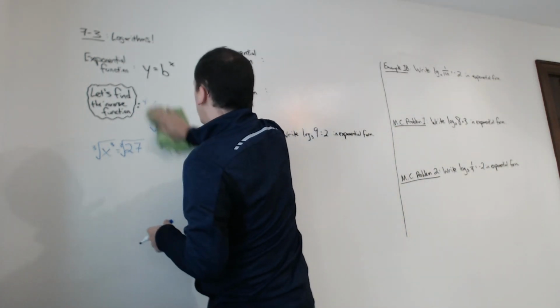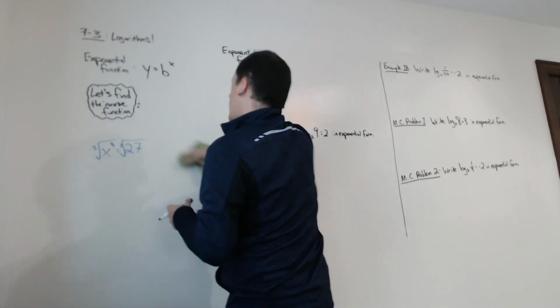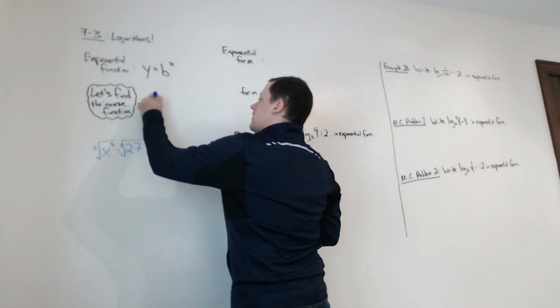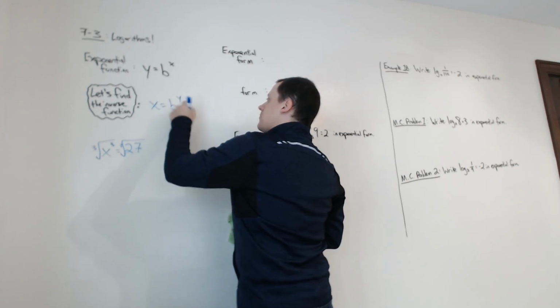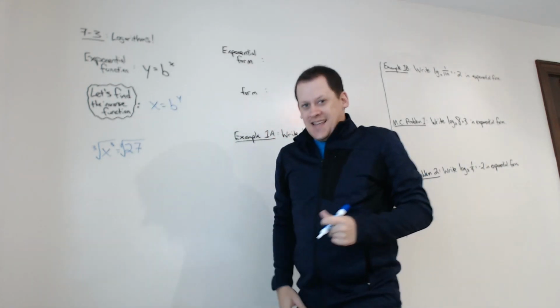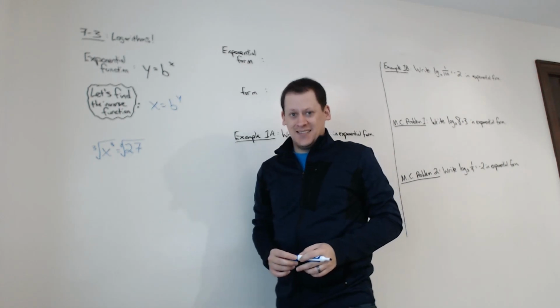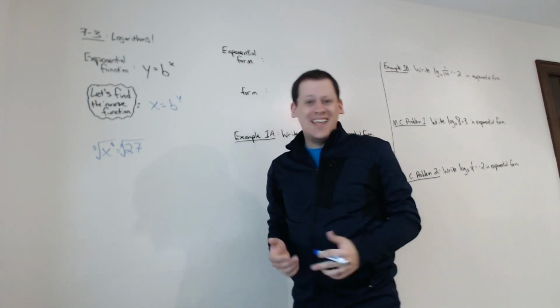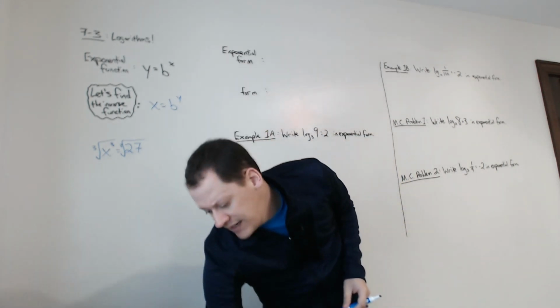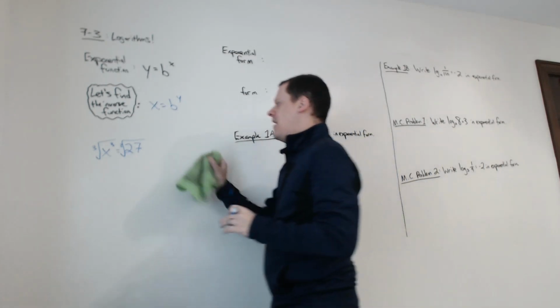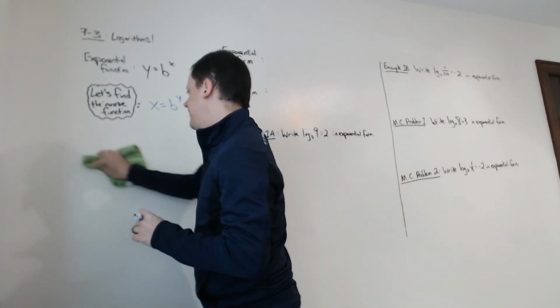So, I'm just going to erase all that because it didn't work. We're trying to find the inverse here. We're trying to get the y by itself. You can't. You can't get the y by itself there, at least not without making something up.